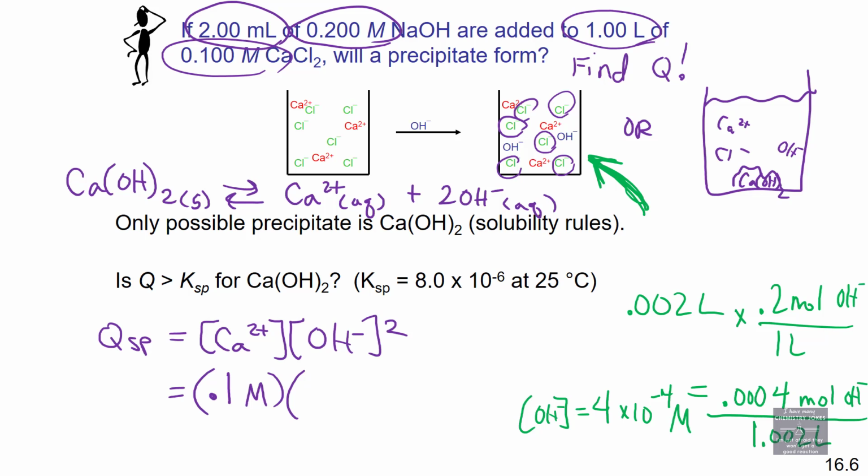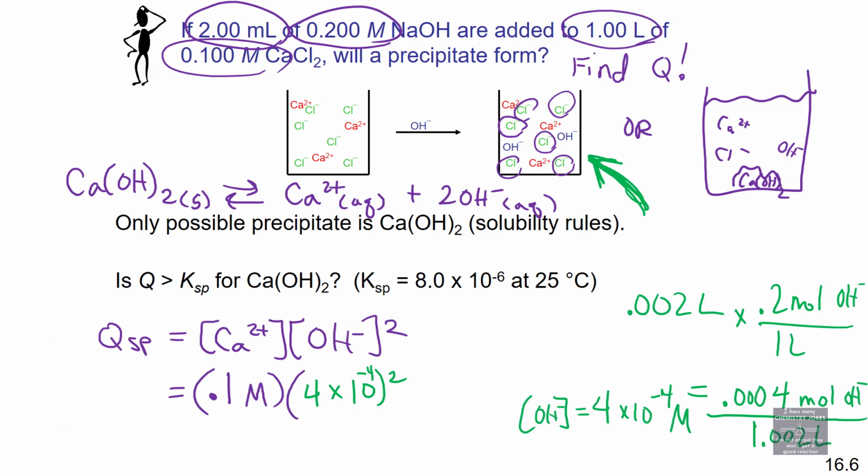My concentration of calcium is not going to change significantly when I add 2 milliliters of stuff to it, but my concentration of hydroxide does change significantly when you add it to a 1 liter flask. Okay, so I got 0.1 molar calcium times 4 times 10 to the negative 4 hydroxide squared.